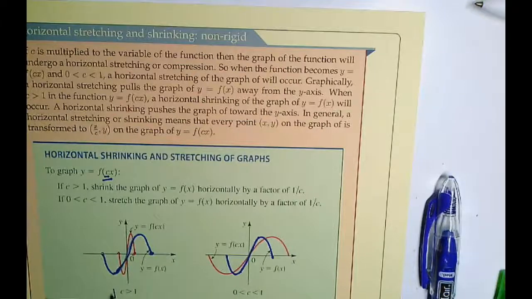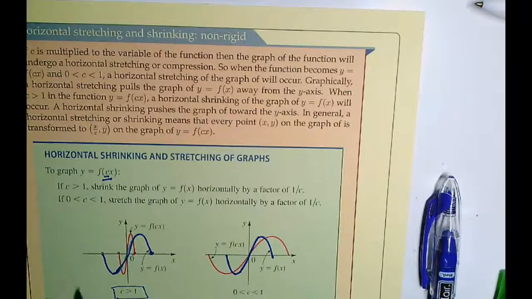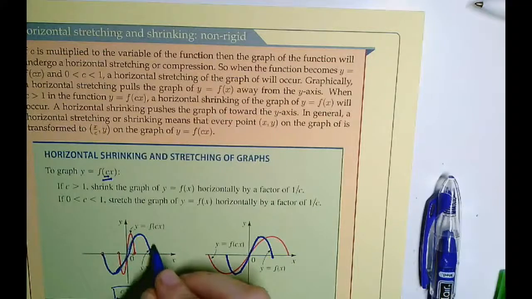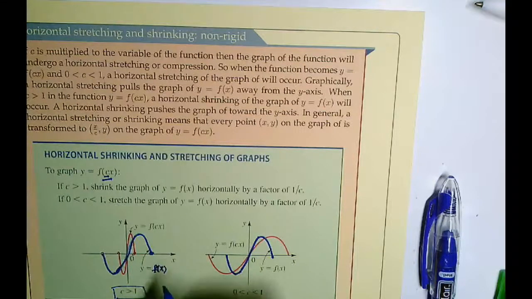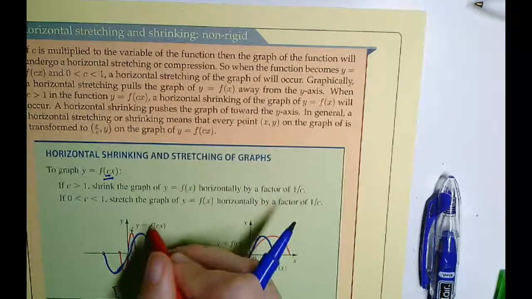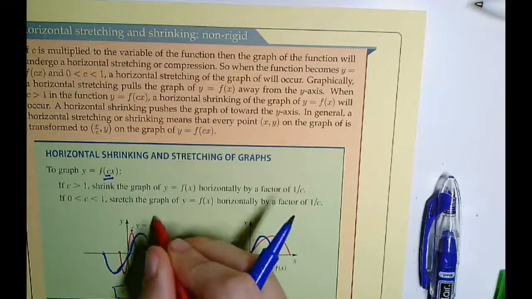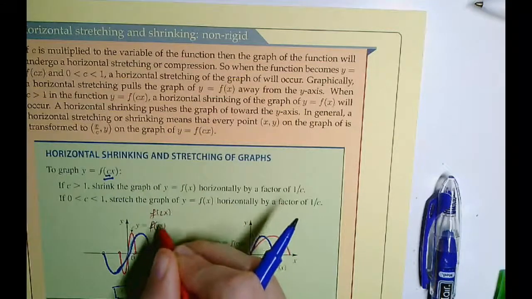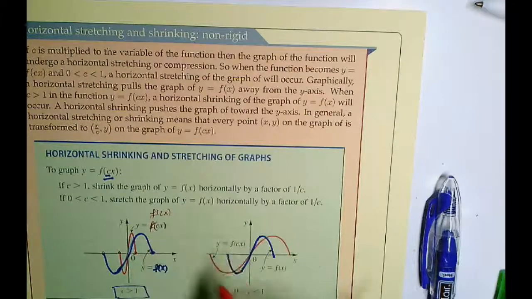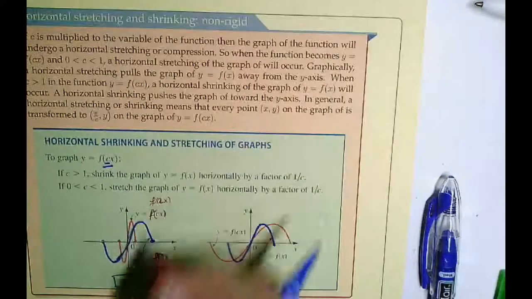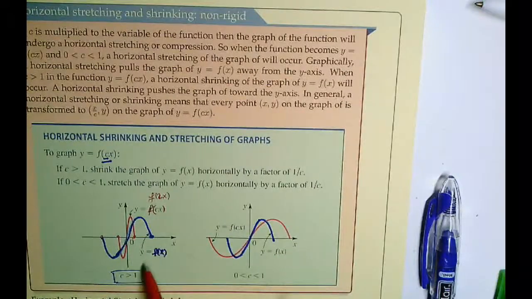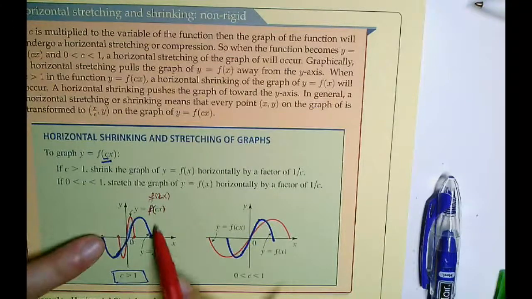Okay, so let's see in this case. If c is greater than 1, think about it. This is my f of x, and the red one is f of 2x, for example, f of cx. If the constant that x is multiplied by is greater than 1, then I am dealing with a shrink.